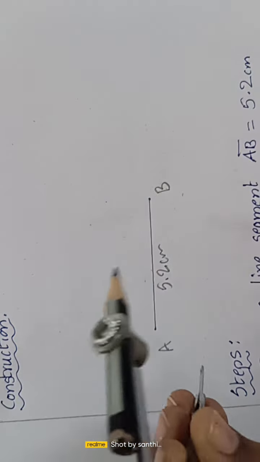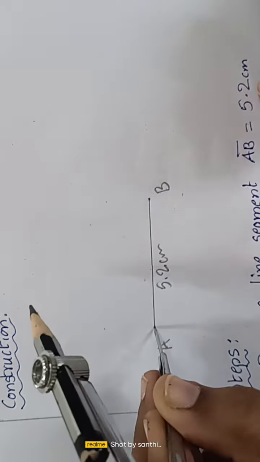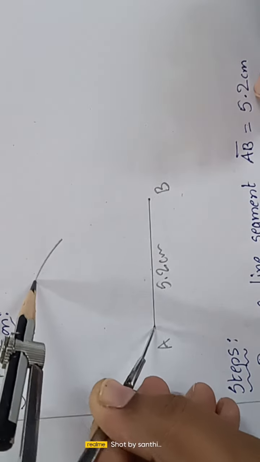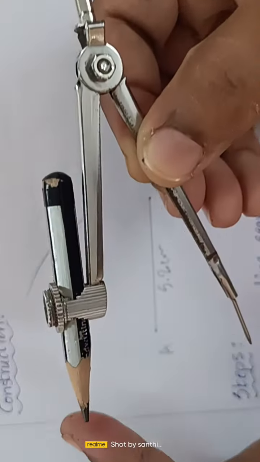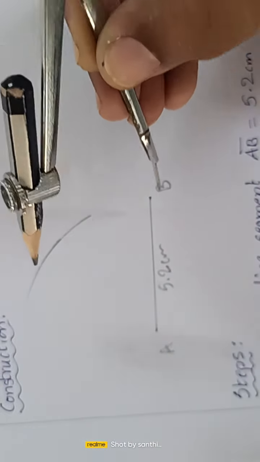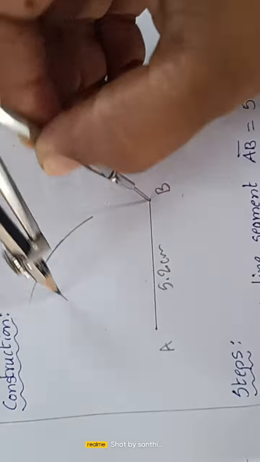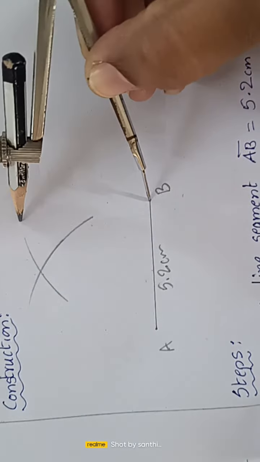Now with the center A, means needle at A, draw an arc which is a part of a circle. Now with the same measurement, because equal sides, with the center B and radius 5.2, draw an arc.